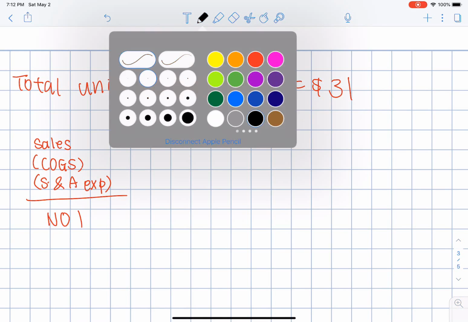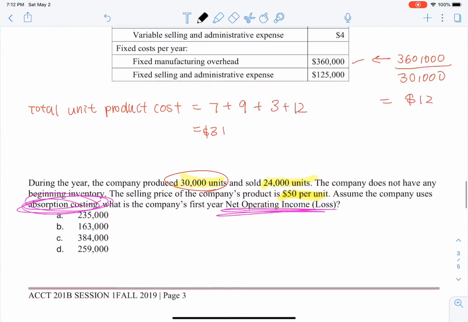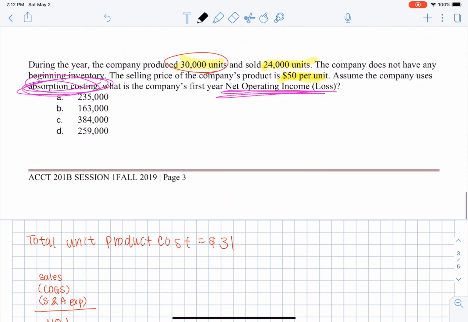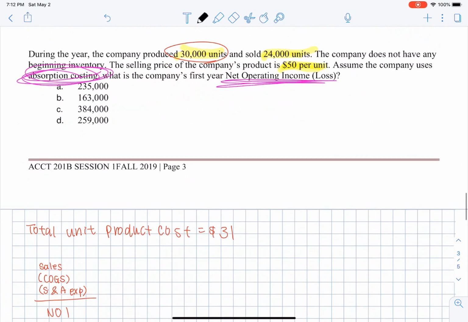So the sale, for sale, we need to calculate by using the number of units that were sold and the selling price. The selling price is $50.